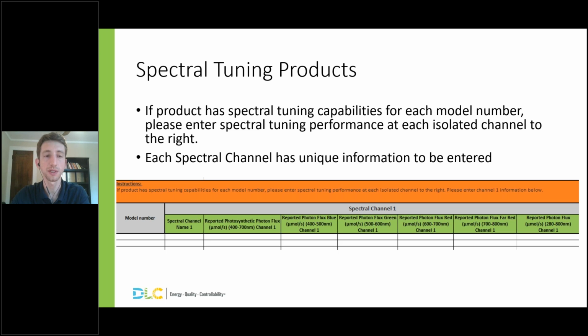In this tab, you can see that there's the spectral channel name, as well as the different performance criteria across for the specific channels. And so this information will be needed to be entered into each channel of your products.